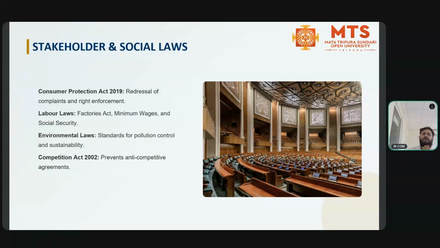Stakeholder and social laws. Consumer Protection Act 2019 helps the consumer and protects their interest, that is complaint and right enforcement.